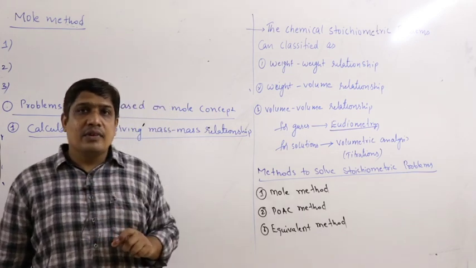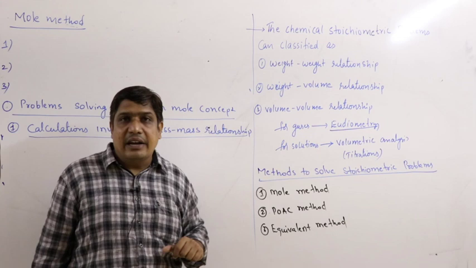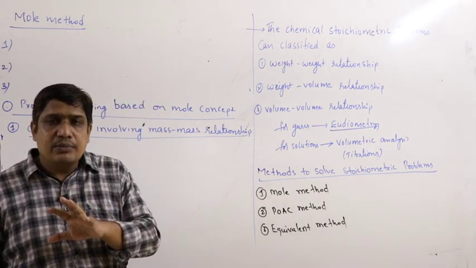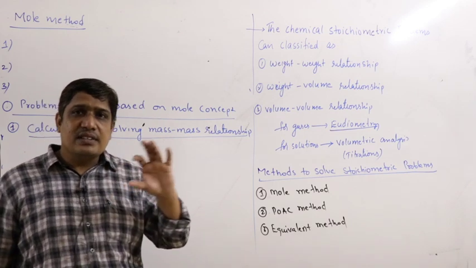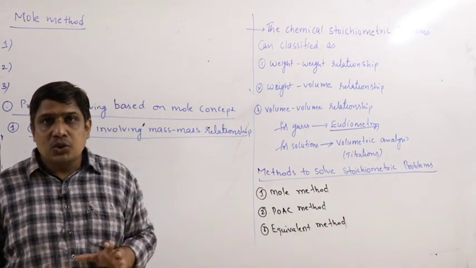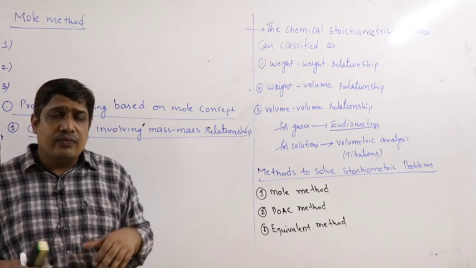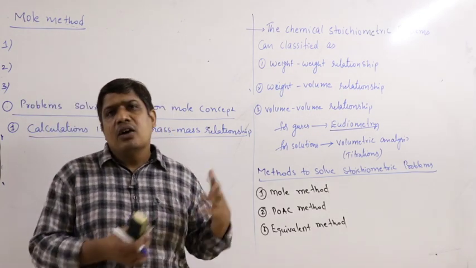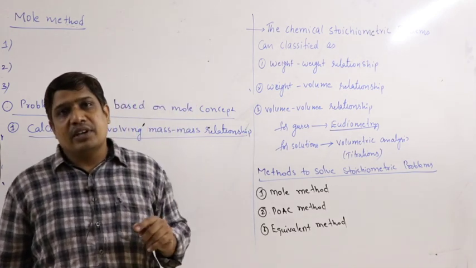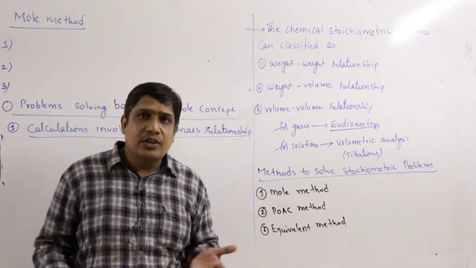So you require the relation between mass of the given substance and mass of the required substance. You should know the mass relation. From where will you get the mass relation? From the mole ratio. From where will you get the mole ratio? From the stoichiometric coefficient.